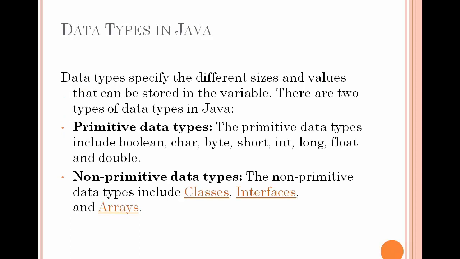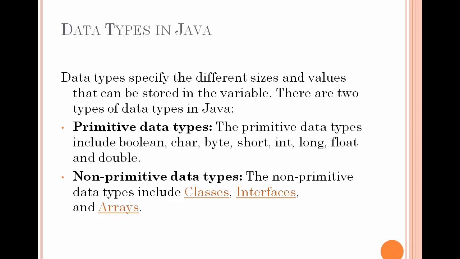The next is data types. Every variable will have a data type. This data type specifies the size and values that can be stored in the variable. There are two types of data types in Java. One is primitive data types and the other is non-primitive data types.